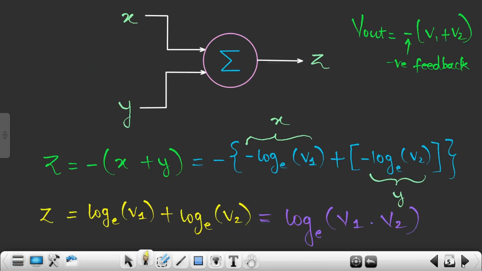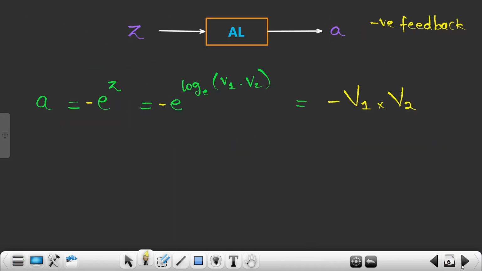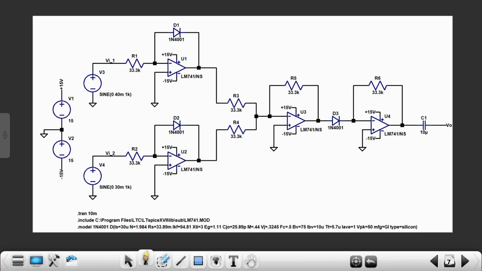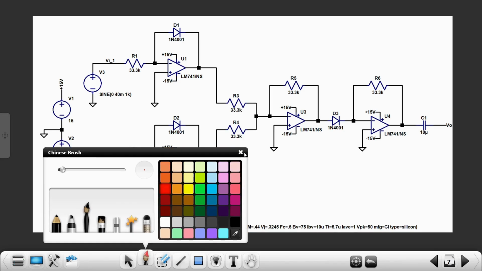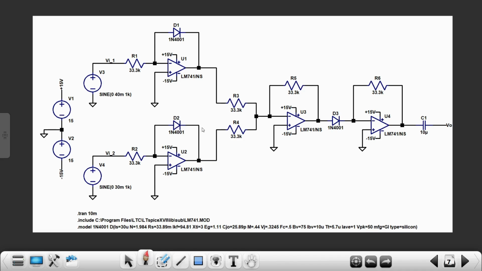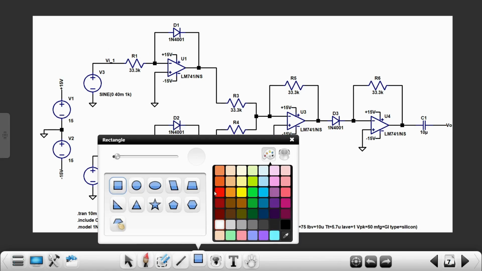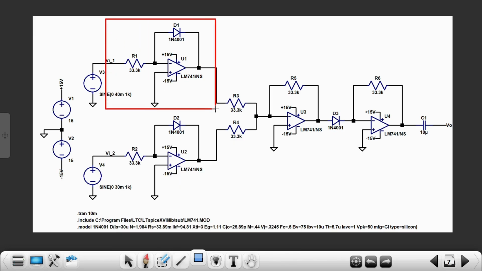Okay, and now I believe that you understood this particular concept, that how exactly we are designing, or how exactly we can proceed further to design a multiplier with the help of an op-amp, right? So you just have a look over here. This is the entire circuitry which I just took from Google. This is one circuit. So you see over here, this is my log amplifier, right? Just see this particular part, this entire block from here to here, and again from here to here.